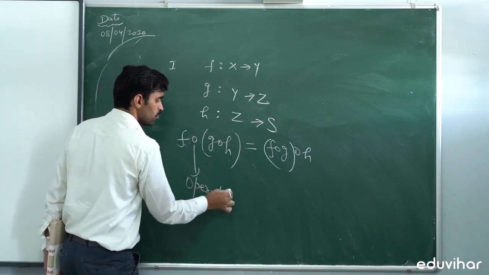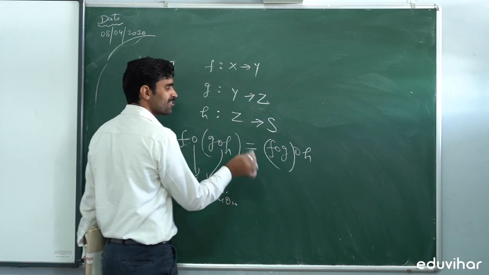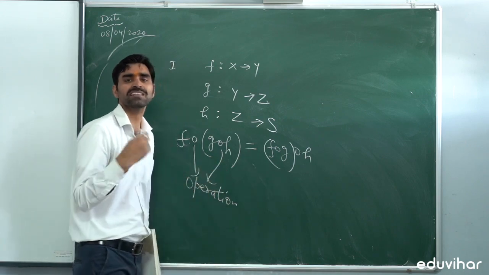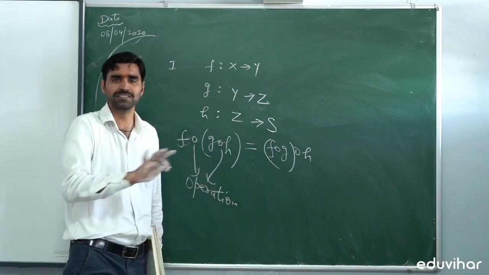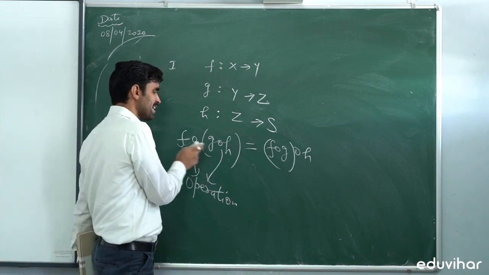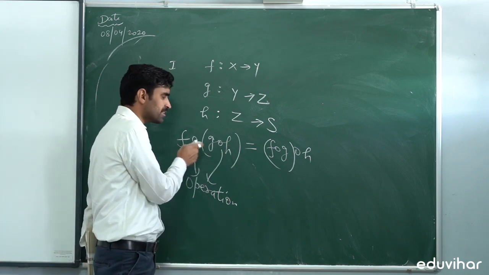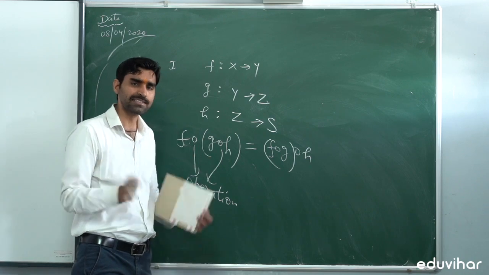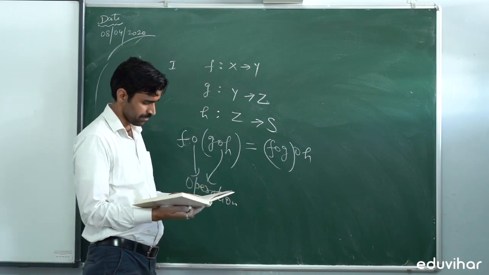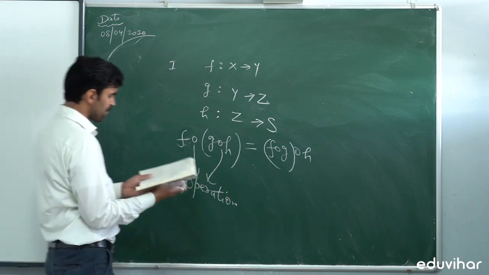This o means operation, nothing else, these are operations only. What operations? Addition, subtraction, multiplication, division, no other than this. The functions we have are f, g, h, and o means operation between them, nothing else.